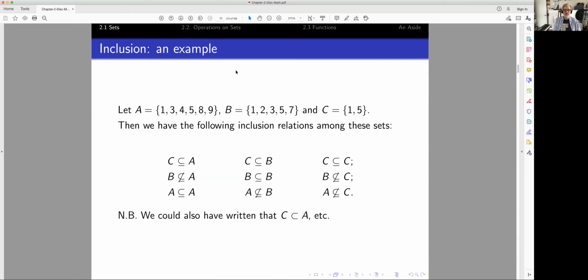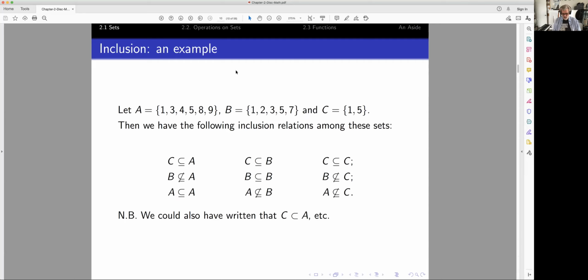I have to find some element of B which is not in A, and you can see that 2 will witness this. So B is not a subset of A, and so on and so forth. Okay. And it's not a big deal, but C is clearly a proper subset of A, right? So I could have written it that way if I had wanted to, just to emphasize the fact that C is not equal to A.